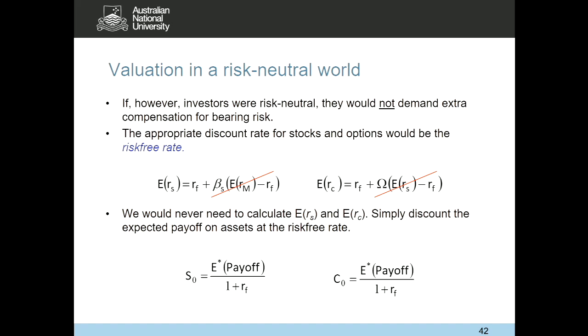Because they are indifferent, they don't need extra return to enter into a risky investment. And there's a third type called risk seeker, right? They're seeking risk, and they would demand less to enter into a risky investment because they get higher utility from uncertain gambling.